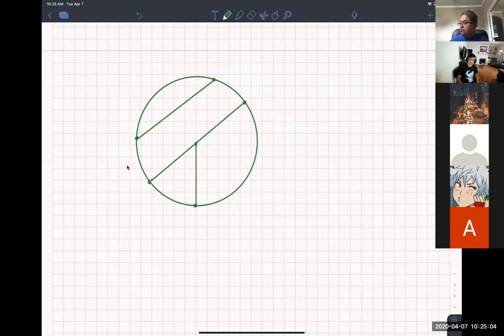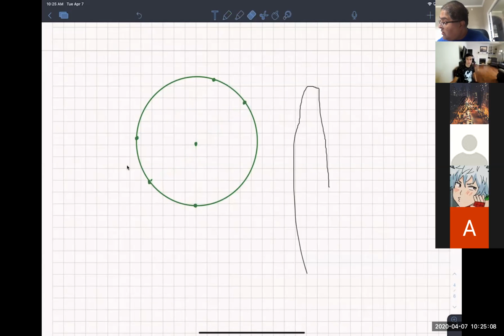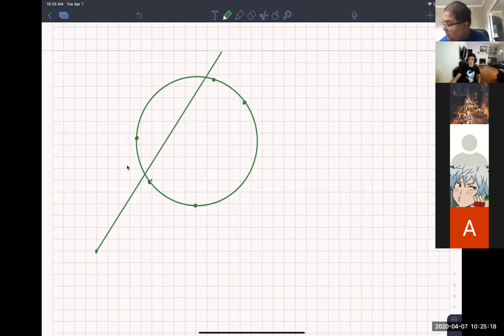Now, the new thing that they talked about was a secant and a tangent. All a secant is, is a line like this. It starts from some point on the outside and goes through the circle. Okay, and it intersects the circle at 2 points.